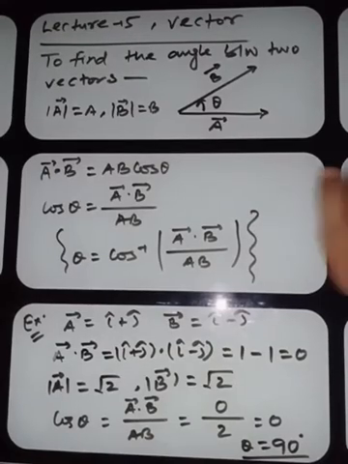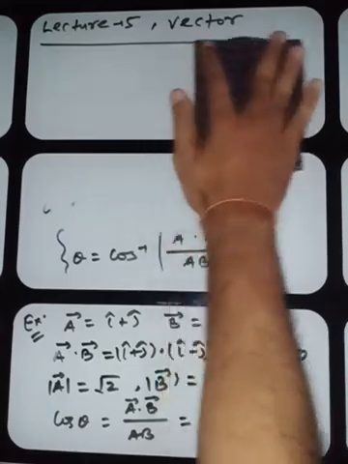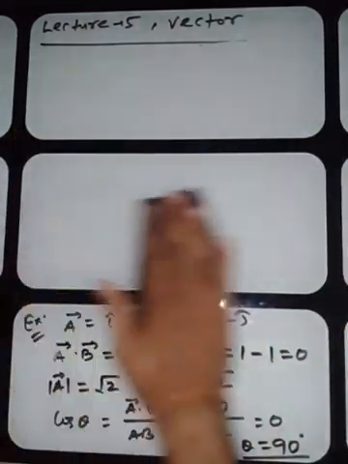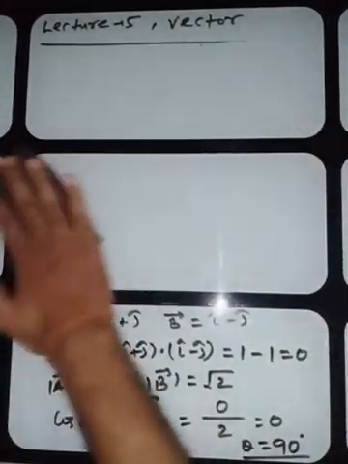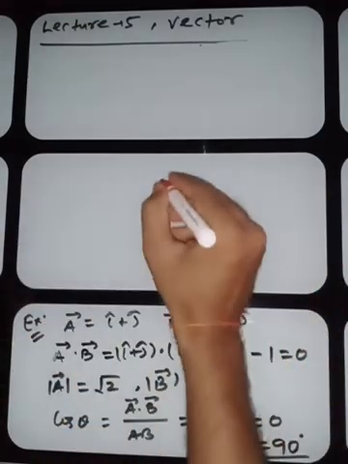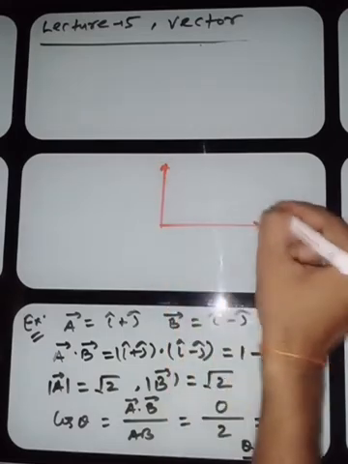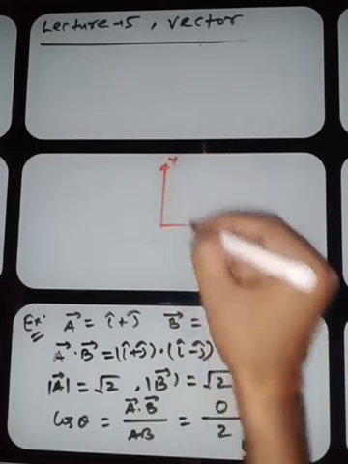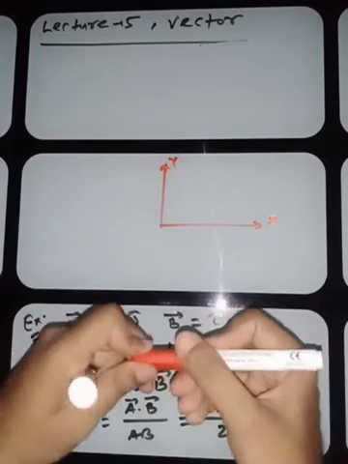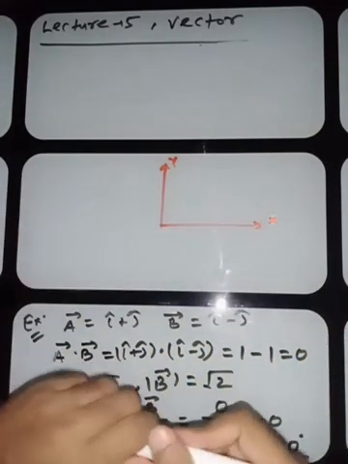How? So look here. As I told you, it is very important to visualize the vector whenever you are studying. Suppose this is our axis, x and y. Now I'm going to represent i plus j and i minus j.